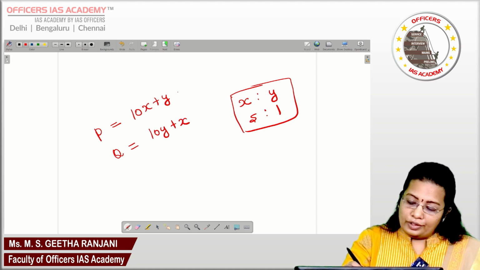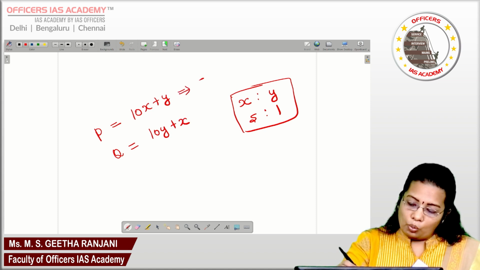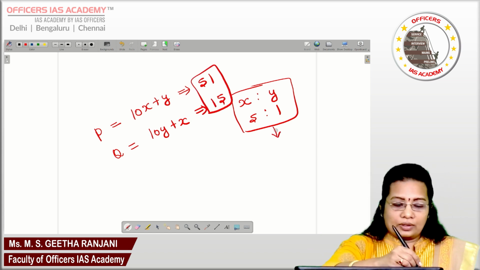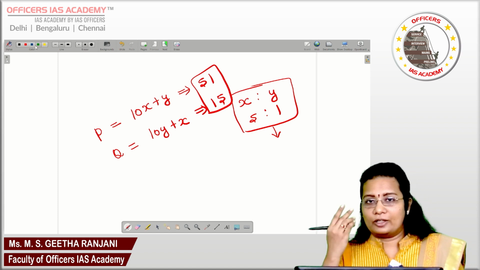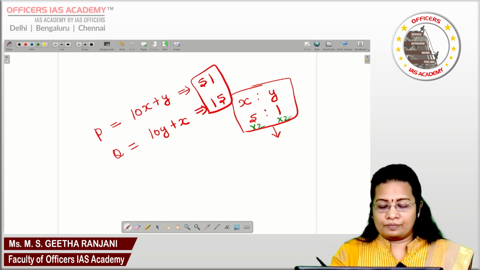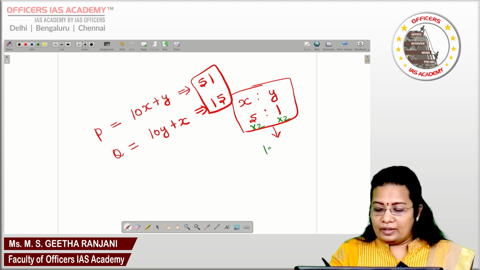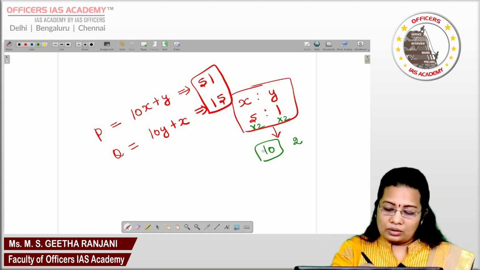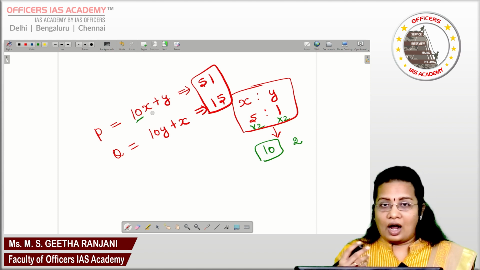So here x is going to be 5 and y 1. Suppose you take the 5 is to 1 ratio for some other numbers, you will not be able to get a 2-digit number. Say a multiple of 5 and a multiple of 1, into 2. So 10 and 2, 10 into this 10, you will be getting 100.